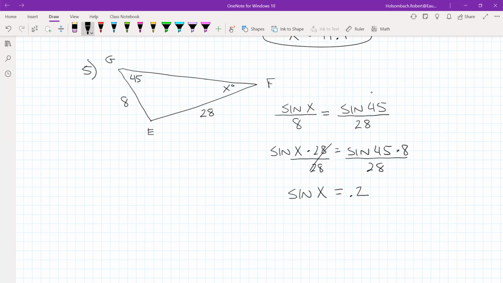So if sine of X equals 0.2, then the measure of angle X equals inverse sine of 0.2. So again, that's sitting right on your screen. Push second, sine equals 11.7 degrees.